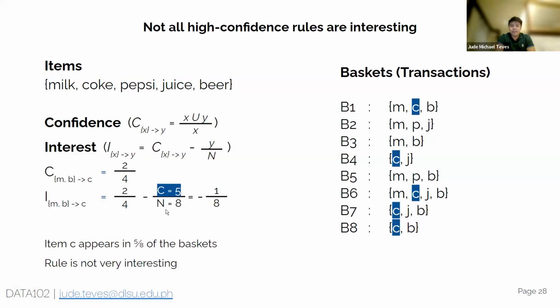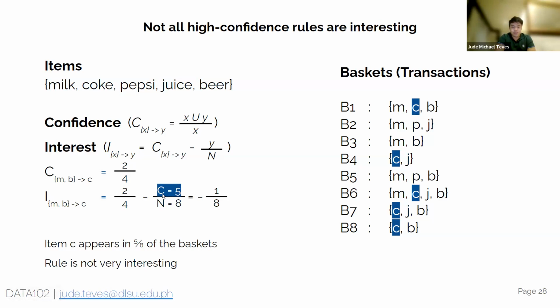But not all high confidence rules are interesting. So we're now also incorporating interest here. So again, interest is the confidence minus the probability of Y. So the confidence for MB implies C is 2/4 or 1/2. But if we calculate the interest, we also have to deduct the probability of Y. So let's include it here.